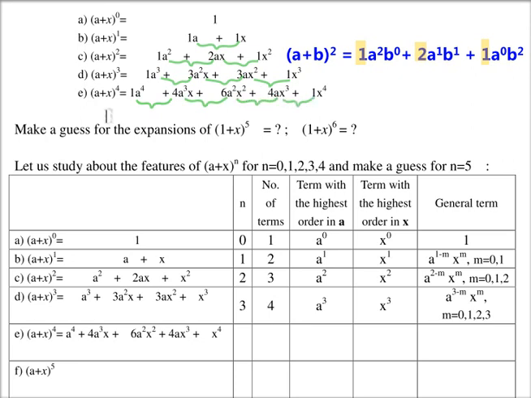So if we write it down, it is 1, and then this one is 5, because the first and the last are always 1. The others we just add: 1 plus 4 is 5, 4 plus 6 is 10. It's also 10, it's also 5, and the last one is 1. Got it? Easy.